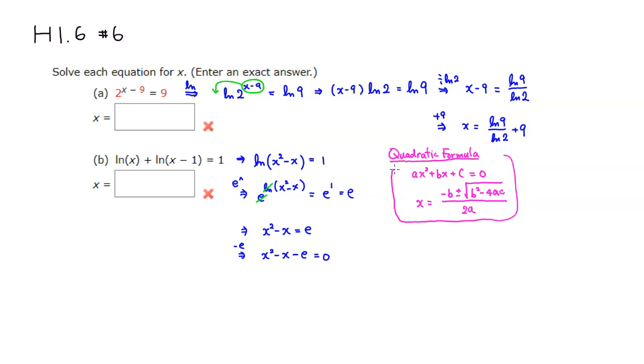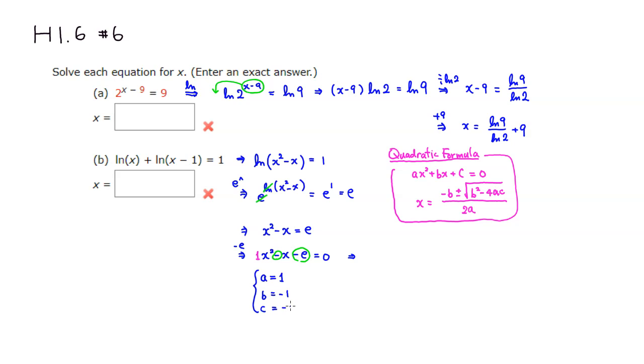So I'm going to use that. Let's identify the values. The a value, the coefficient, is 1. The b value is negative 1. The c value is negative e.